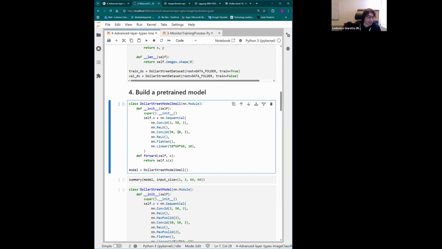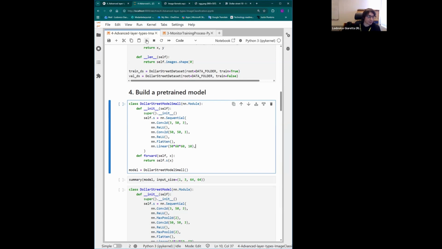And again, we let these produce 50 new patterns, and again, we look at 3 by 3 areas of the image. Then we flatten this representation, and we apply a linear layer, which will take all the features that we have from the second convolutional layer and map them onto our 10 classes, because remember, we are trying to do classification on 10 classes.